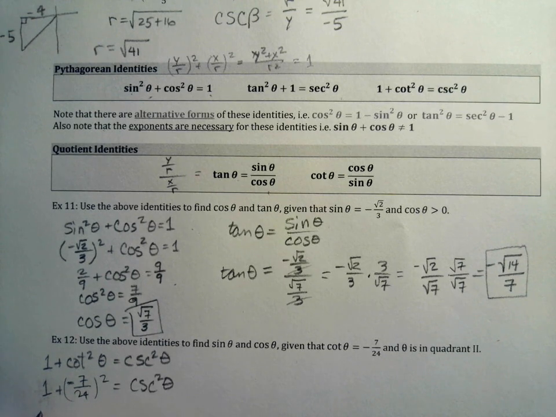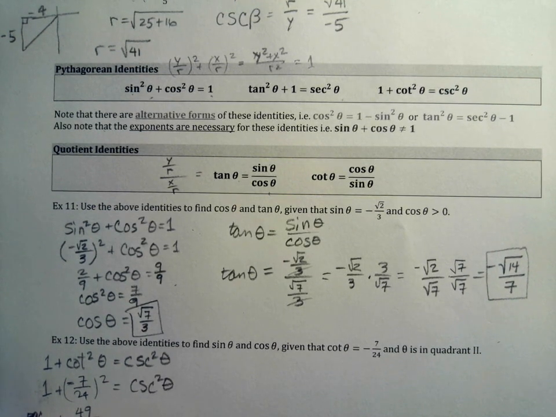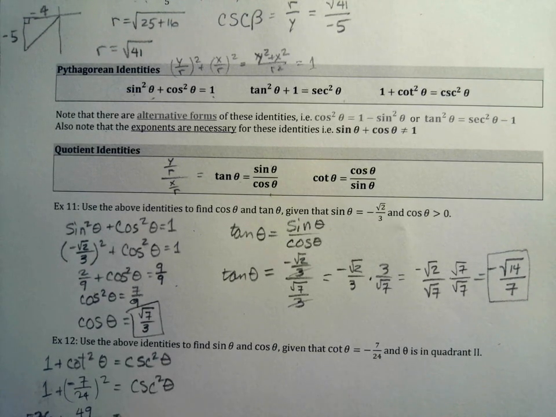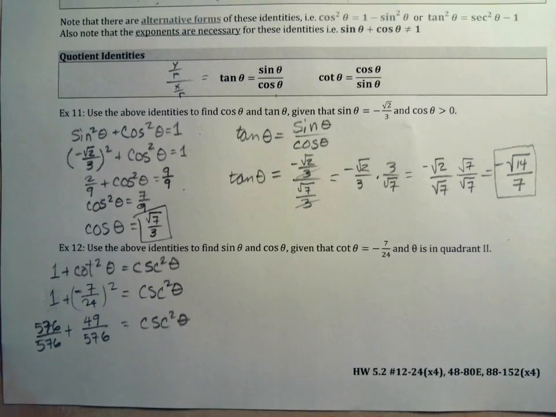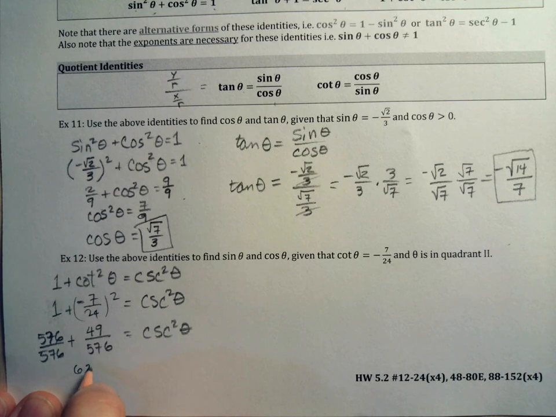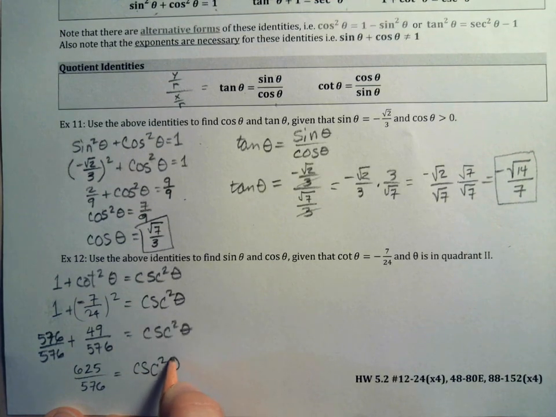When I square that, let's do this one first, that's going to be 49 over 576. So let's make this 1 as 576 over 576. That would make more sense, and that's equal to cosecant squared theta. Sorry, I didn't realize that was off the bottom there. And so when we add those up, that becomes 625 over 576, and that's equal to cosecant squared theta.